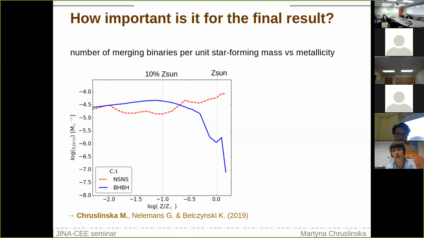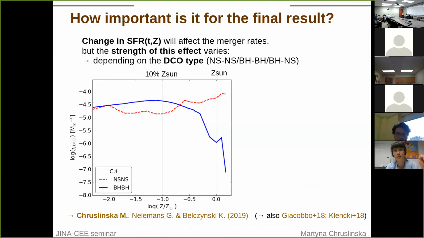Because there are way fewer merging double black holes forming at metallicity around solar than, say, at 10% of the solar value, which is not the case for the red curve, which corresponds to double neutron stars. So it shows that if we change the assumptions about how the cosmic star formation rate is distributed at different metallicities, then this will affect the merger rates of different types of double compact objects differently.